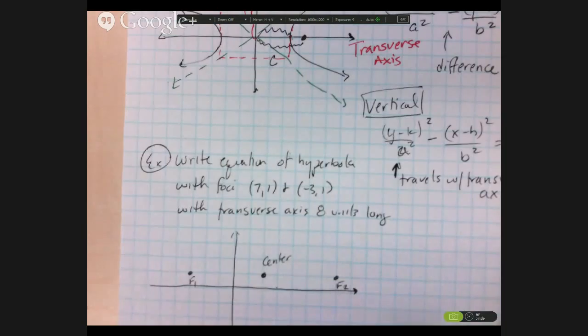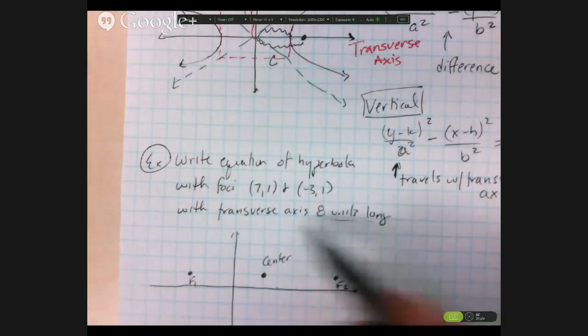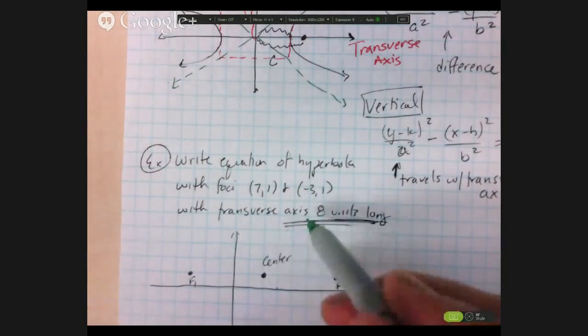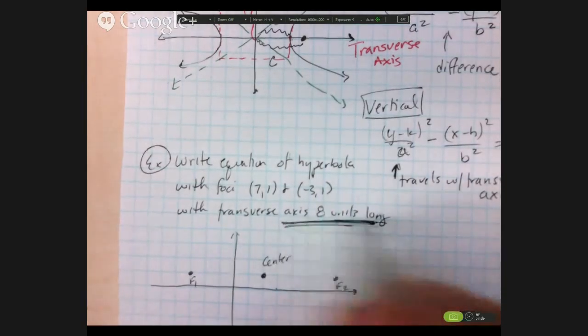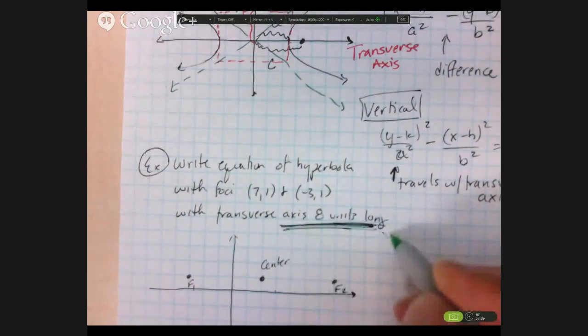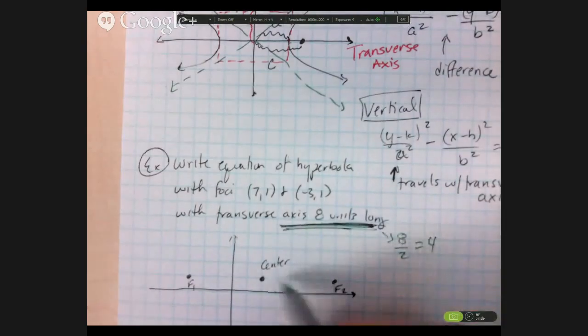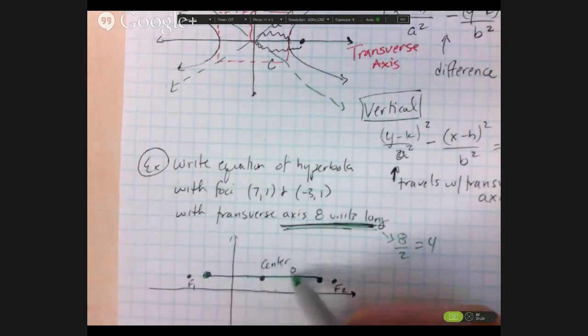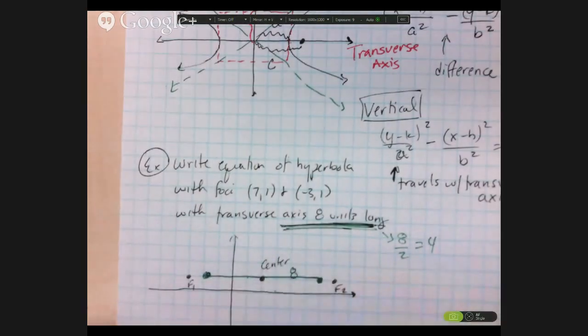The transverse axis is 8 units. What does that tell me? Four units on each side of the center. That's my 8-unit transverse axis. Okay.